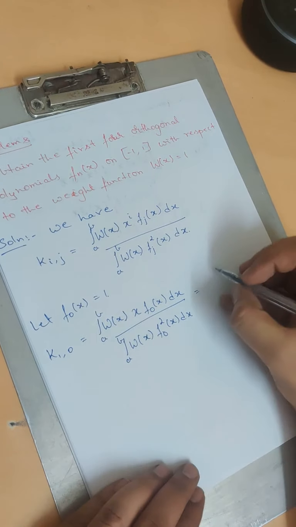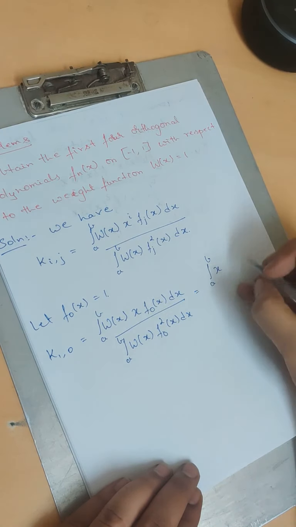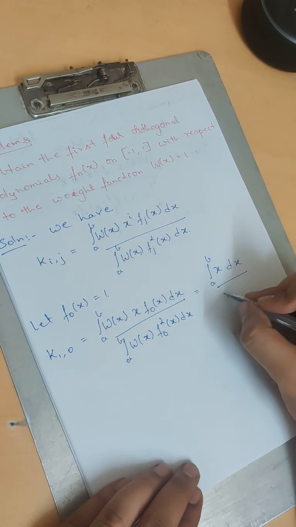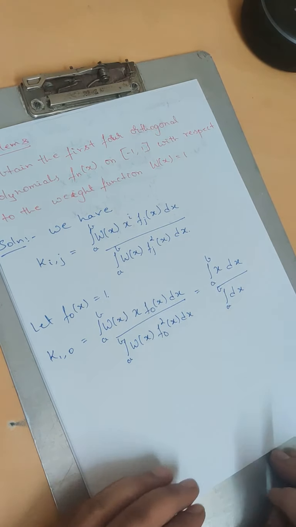So this integral becomes integral a to b x dx divided by integral a to b dx, because f naught of x and w are both 1 here.